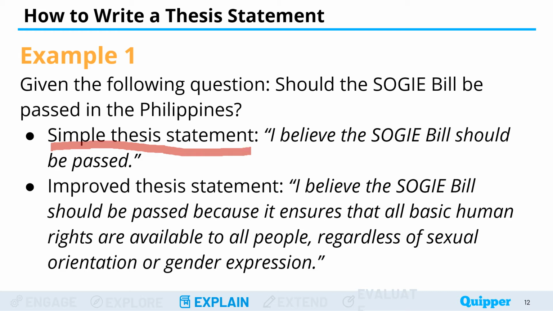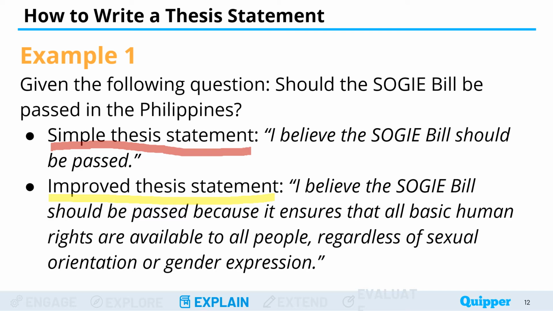You will improve this with this sentence: I believe the SOGI bill should be passed because it ensures that all basic human rights are available to all people, regardless of sexual orientation or gender expression. So, my dearest students, why is it that the second sentence is better than the simple thesis statement?